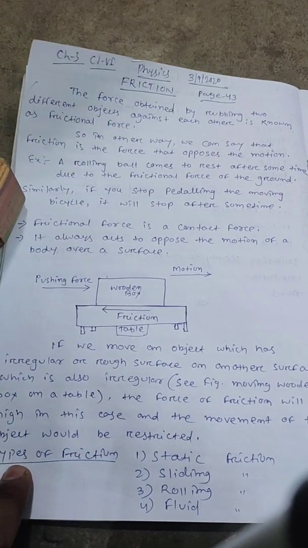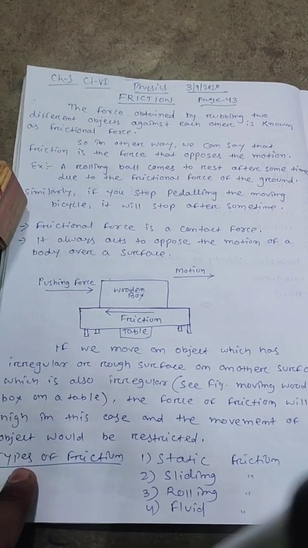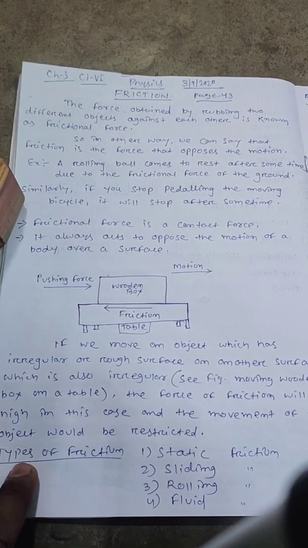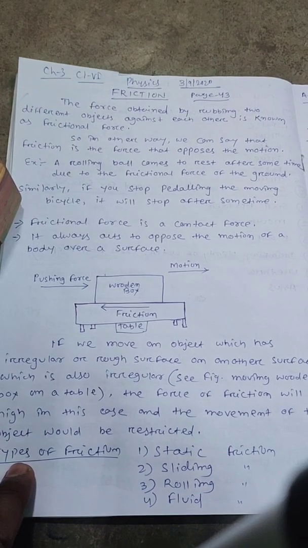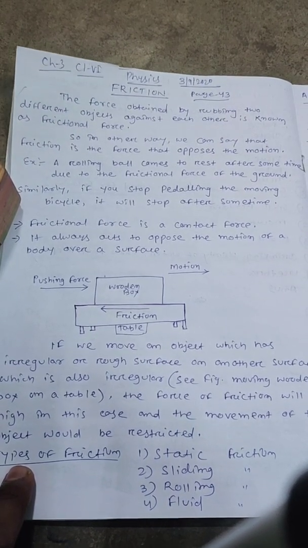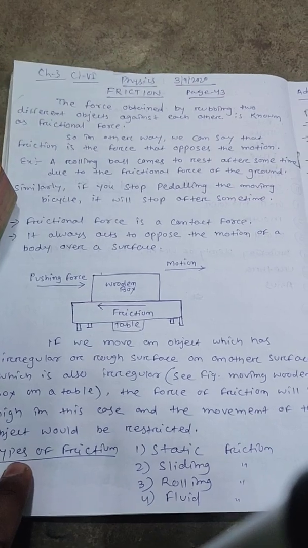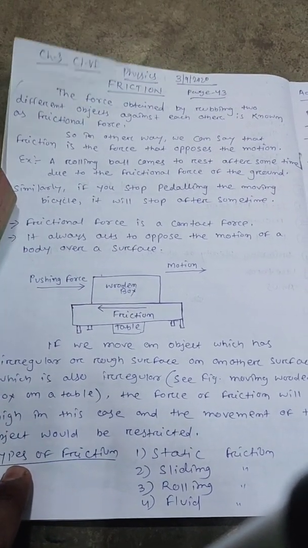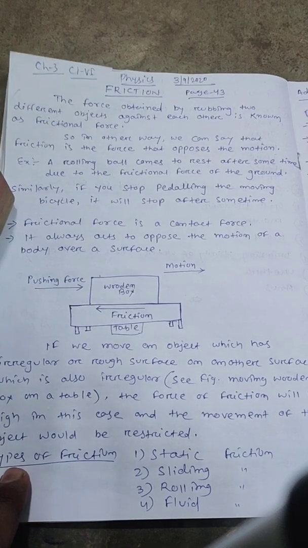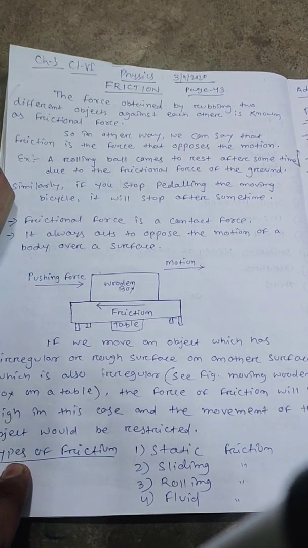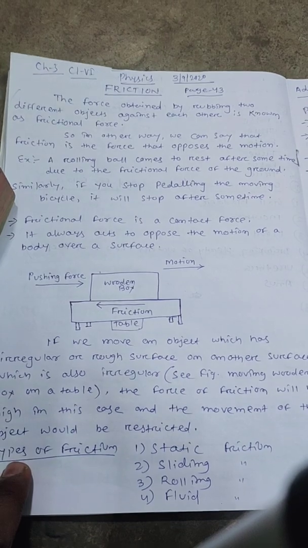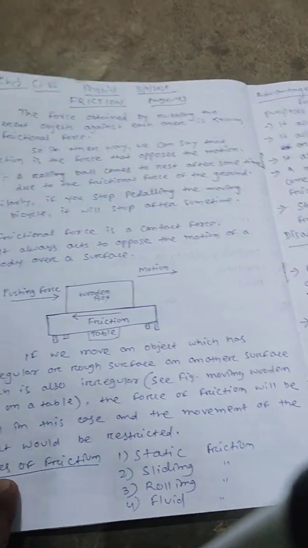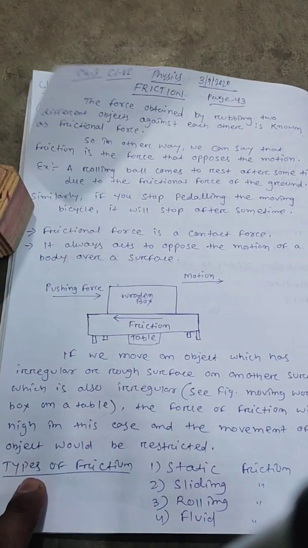If we move an object which has an irregular or rough surface on another surface which is also irregular or rough, like in the figure, moving the wooden box, which is irregular, on the table, which is also irregular, it is difficult to move because the force of friction will be high in this case.